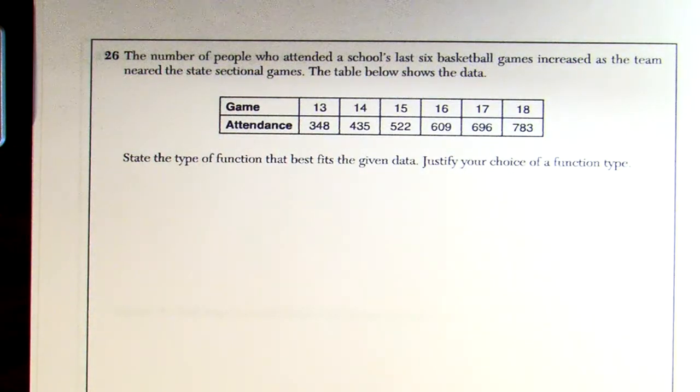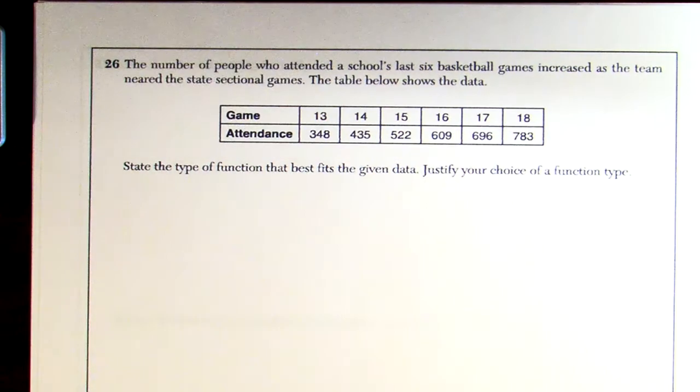26. Okay, it says the number of people who attended a school's last 6 basketball games increased as the team neared the state sectional games. The table below shows the data. State the type of function that best fits the given data. Justify your choice of a function type.